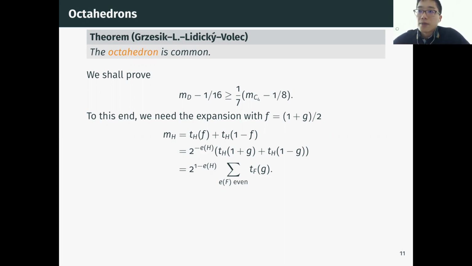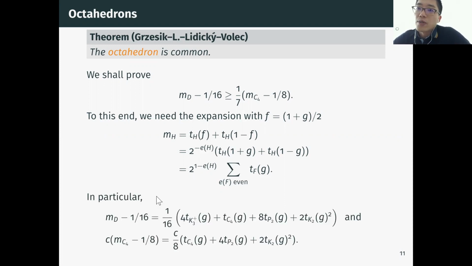What I'm going to do is put the diamond in for my graph H. Then I get this. You can easily check this expression by hand, because there are 4 copies of the triangle plus a pendant edge, K3 plus, which is Sidorenko's example of a non-common graph.